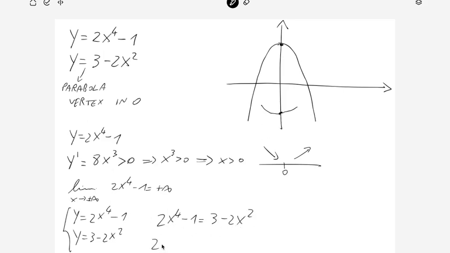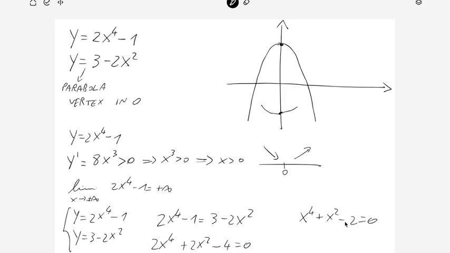Then we have 2x to the 4 plus 2x squared minus 1 minus 3, which is minus 4, equal to 0. This means x to the 4 plus x squared minus 2 is equal to 0.